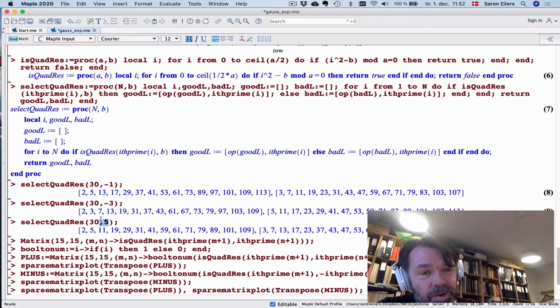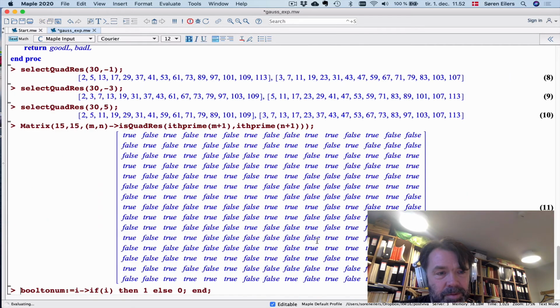So after having looked at this for a while, you get the idea that perhaps we shouldn't compare arbitrary numbers to arbitrary numbers. We should compare primes to primes. And this is what this next matrix does. I'm taking all the primes, starting at m plus 1. So I've now given up looking at the first prime.